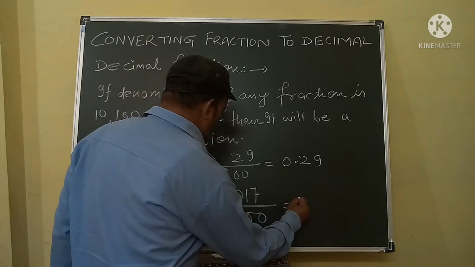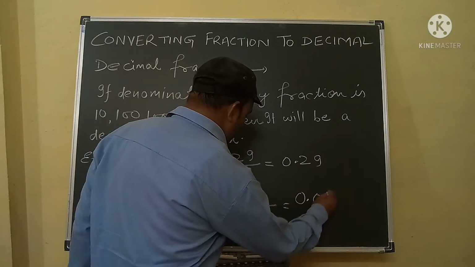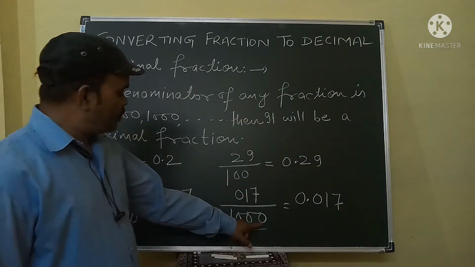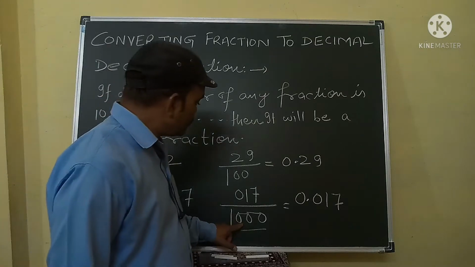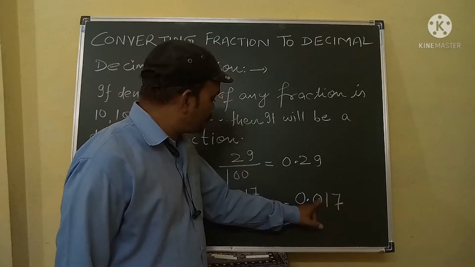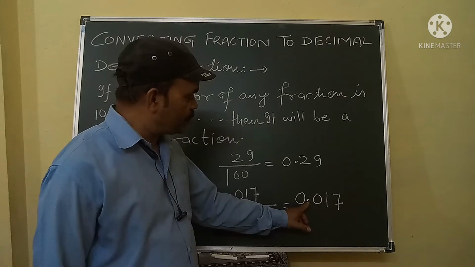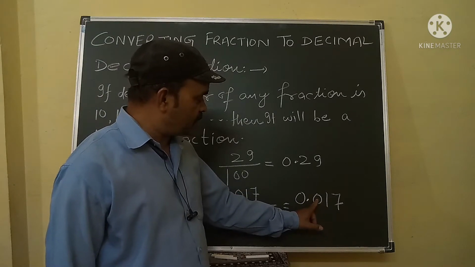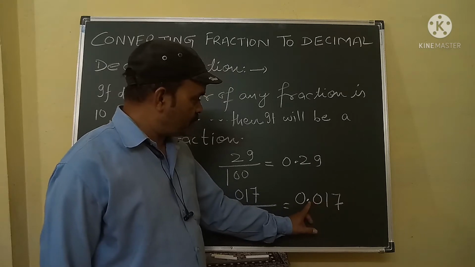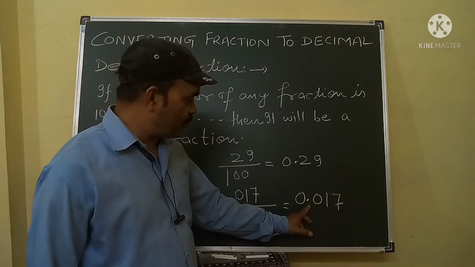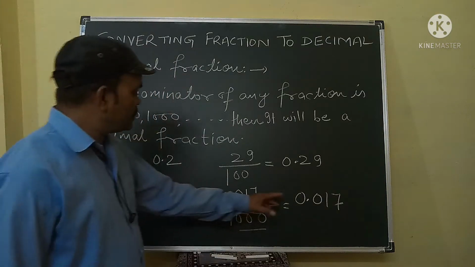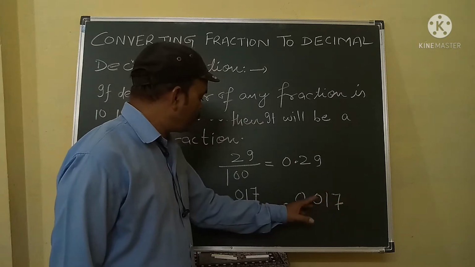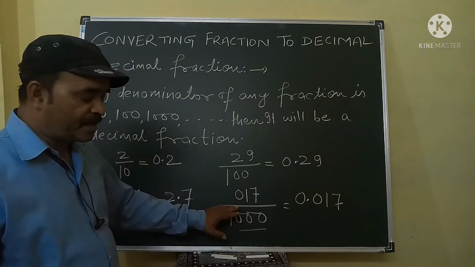It will give you 0.017. This is the first digit, this is the second digit, and this is the third digit. Before 3 digits we will put the decimal point. That means 0.017 is the decimal form of the given fraction.